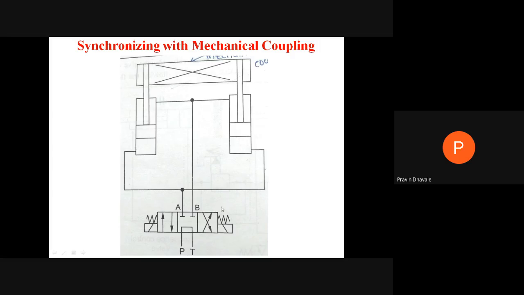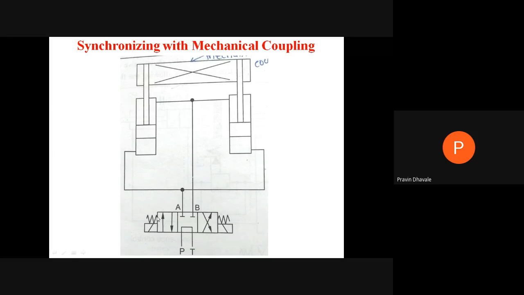Then this direction control valve, right? Which is the type of this direction control valve? Yes. Solenoid operated 4x3 direction control valve. Right, this will be solenoid operated, because this line indicates solenoid operated.